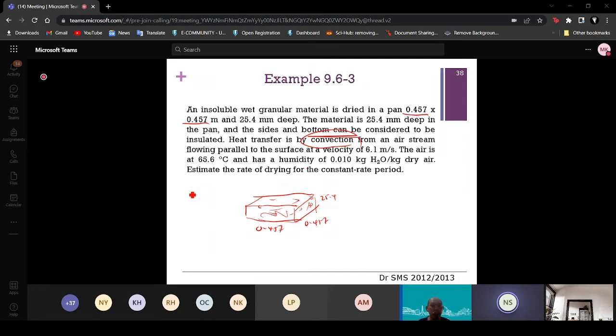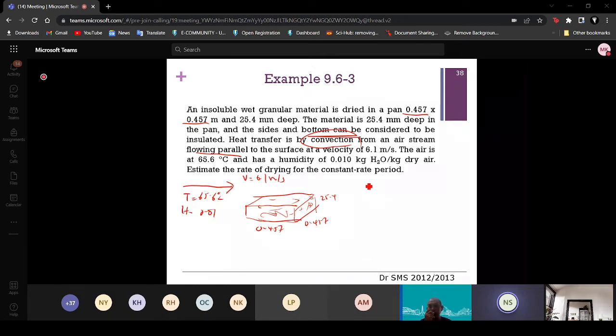So the velocity of air coming parallel, they say flowing parallel. This is face parallel. So the airstream velocity is 6.1 meter per second and the air temperature is 65.6 degrees Celsius. Humidity is 0.01. Okay, estimate the rate of drying for the constant rate period.